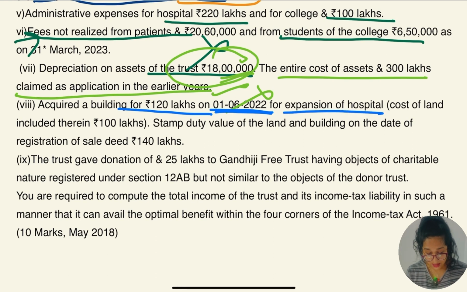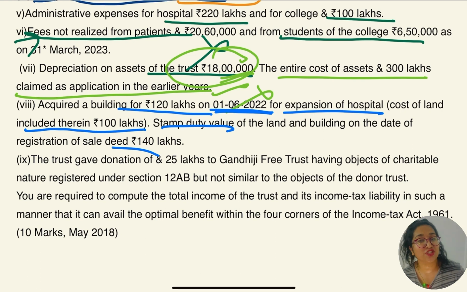Now we also have the cost of land, which is 100 lakh, and we also have the stamp duty value. So now the question is which part we are going to take: whether we take the difference between SDV and cost as per section 56(2)(x), or we do some other treatment. So this part is new, we have to find out.